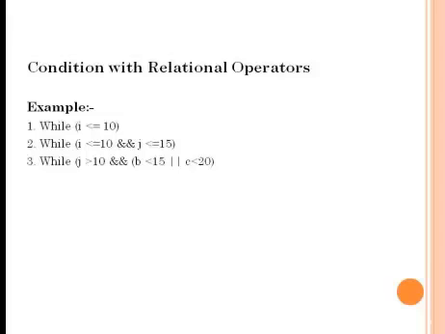So b less than 60 has the value 1, and 1 less than 20 is also true, so the value is 1. So the value of this parenthesis expression is 1, or true. The value of j greater than 10 is true. So true and true is true, so the total condition will be true.